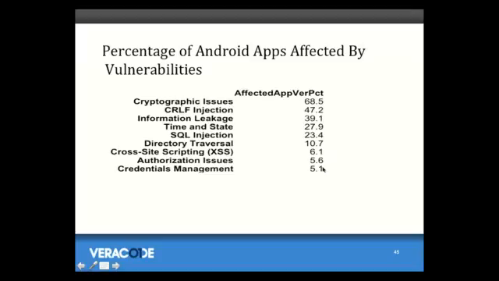We find it 23% of the time in mobile apps. And that's probably just because many more web applications use SQL than mobile. And then we still see some cross-site scripting, authorization issues, and then credential management. That's where you have your hard-coded password. And so 5% of the applications, we see that.